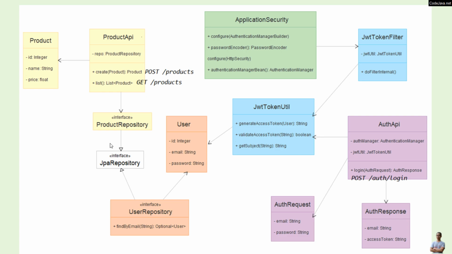Next, I'm going to show you how to code the JwtTokenUtil class for generating an access token based on a user object. This method generateAccessToken will be used by the Auth API upon successful authentication.